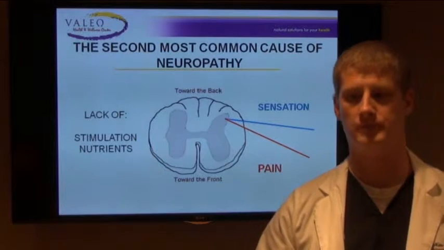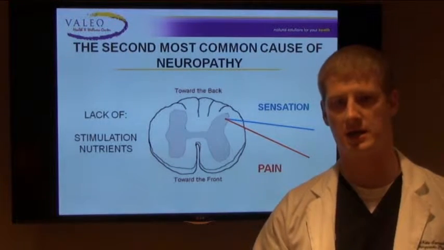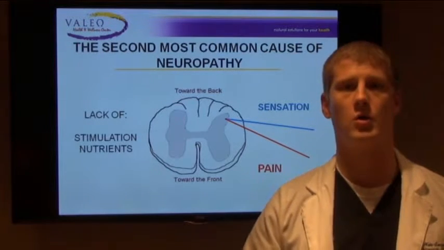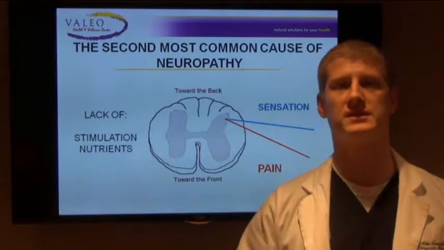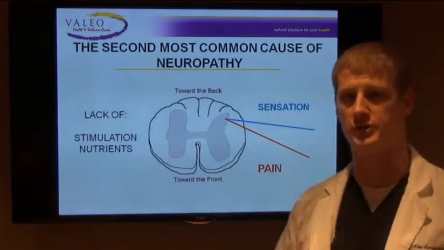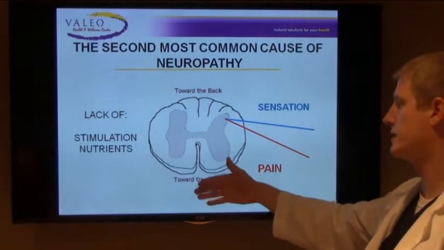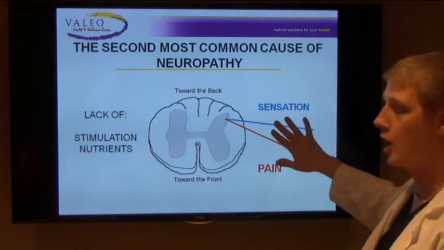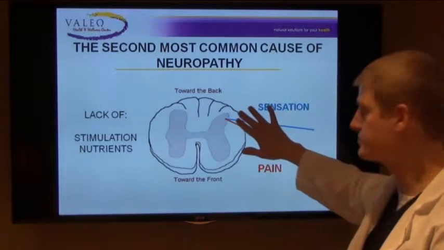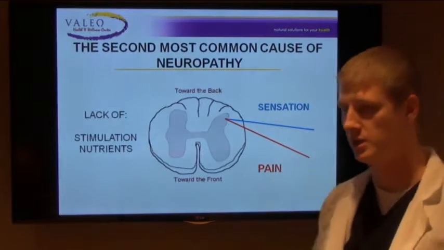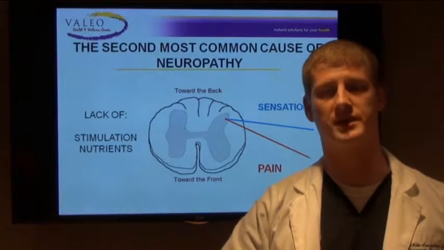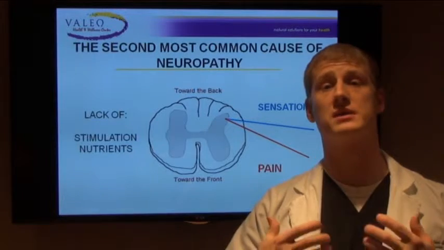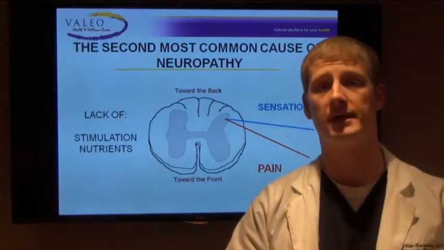So I mentioned that people with high amounts of pain have lost their sensation. Well, that's because sensation and pain travel to the exact same part of your spinal cord. So this is your spinal cord when we kind of cut it in half. And so all your nerve signals come right into your spinal cord right here. If you have sensation, it cuts down on the amount of pain signals that can get in there. And it's one of the ways the body inhibits pain.